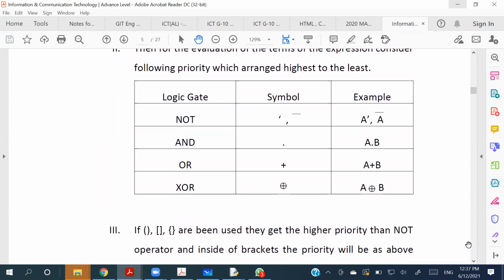And when we are given a particular expression, I'll show you what the expression is. First we are going to represent the complements in that expression. Then we are going to represent the ANDs, then the ORs, and finally the XOR.